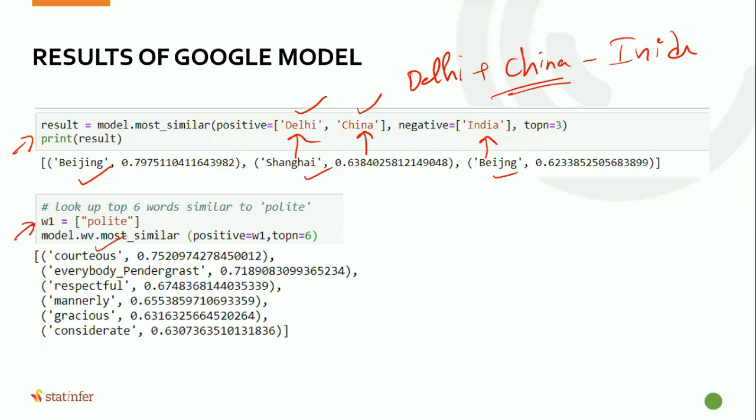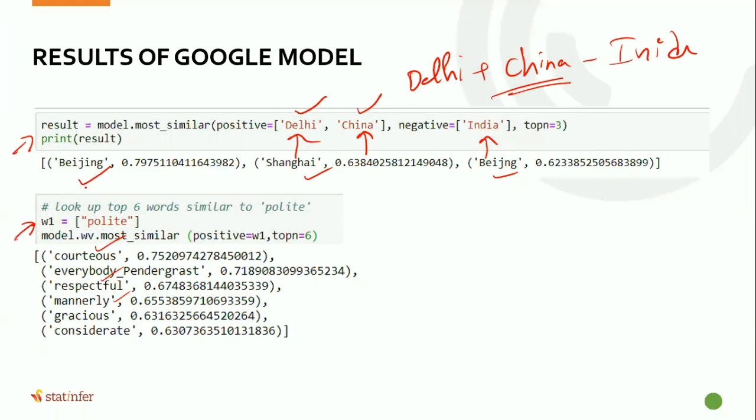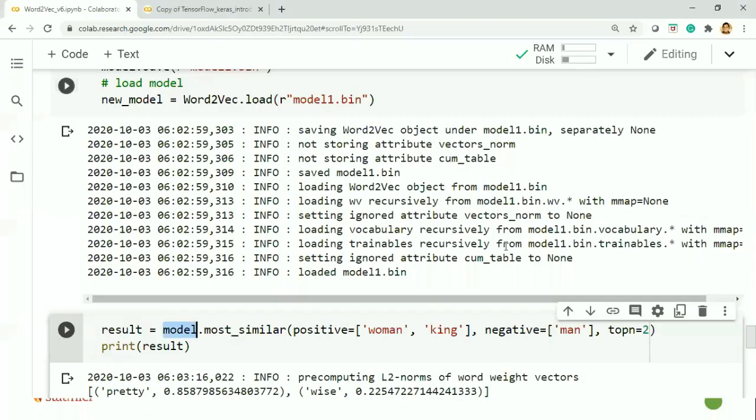It says courteous, respectful, mannerly. These are some of the similar words. So go ahead, get this pre-trained Google model. We will try to test it, give different words and check how well they have trained. It is supposed to be one of the very good models that is available right now that can be used directly. Let us go here.